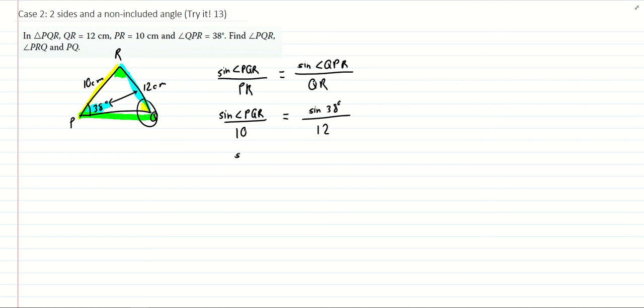Multiply by 10 throughout, we have sine angle PQR equals sine 38 degrees over 12 multiplied by 10, and then we will evaluate this and leave it in five significant figures just so that it's easier to understand our working. So we have 0.51305.